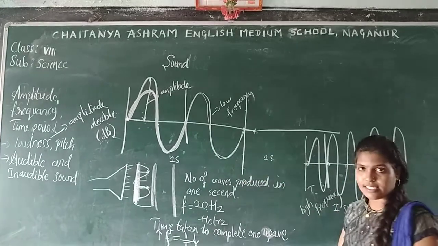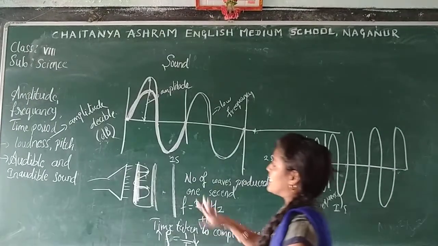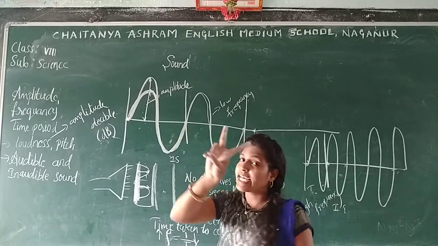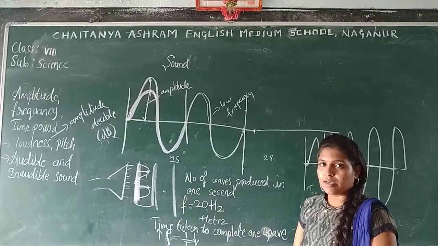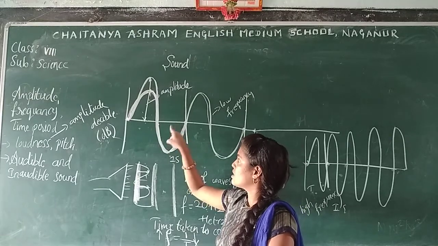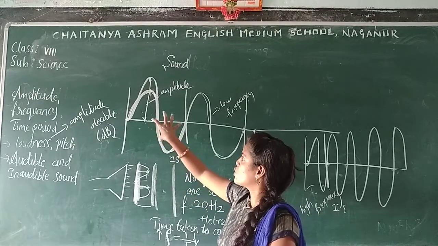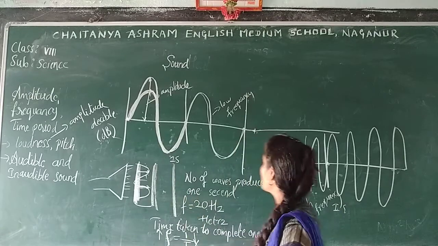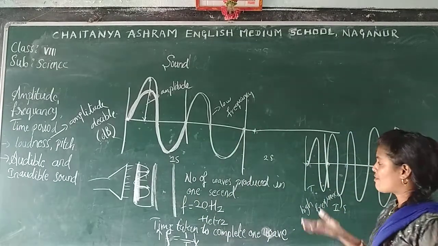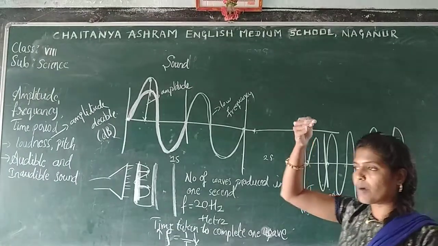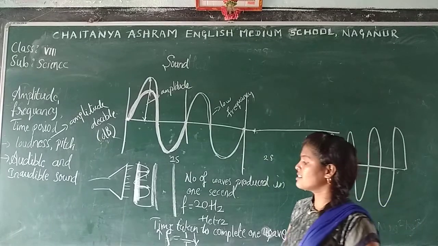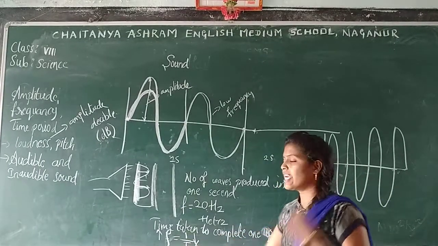Here it takes 1 second for making 2 cycles, which means the time taken by a particle to make one cycle is more than this. If frequency increases, the time taken to complete 1 cycle decreases. So this is the relation between frequency and time period.